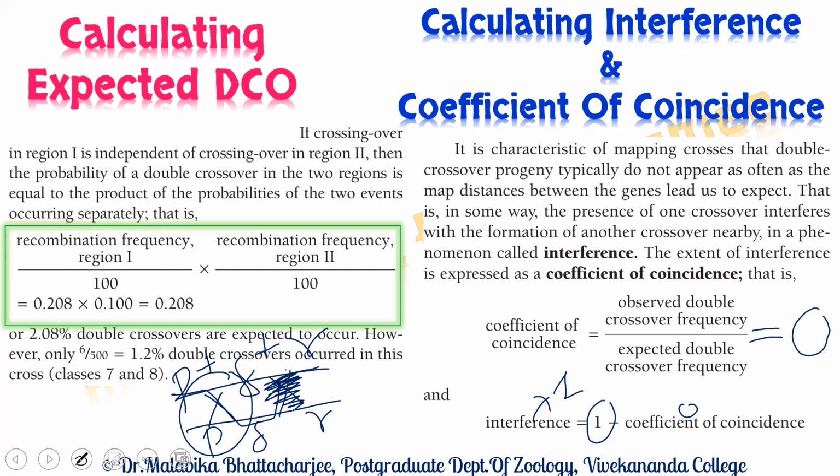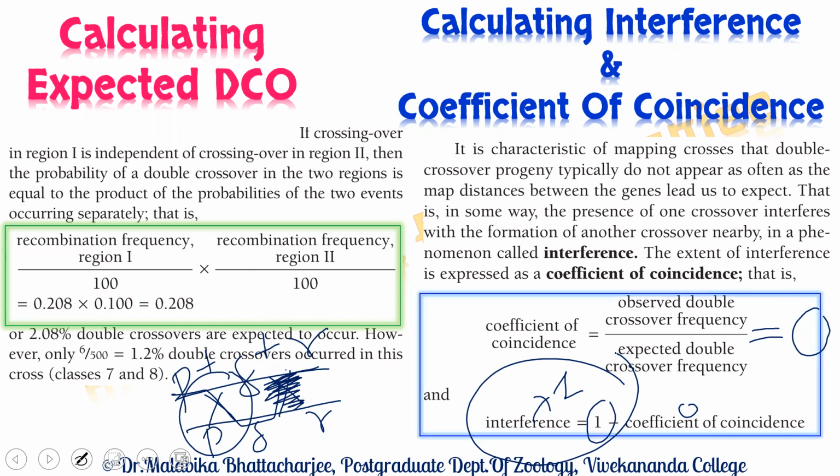So keep this in mind, because in problems, as we started this problem with 8 phenotypes, 2 parentals, 4 recombinants, 2 double crossovers, in some problems you will see there are 6 phenotypes, 2 parentals, 4 recombinants, no DCO. No DCO means that interference is 1. So one crossing over event is totally interfering with the happening of the other crossover event.